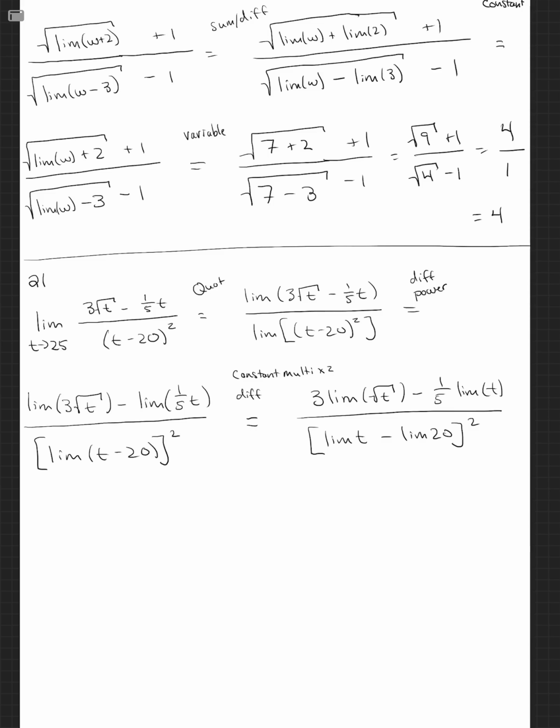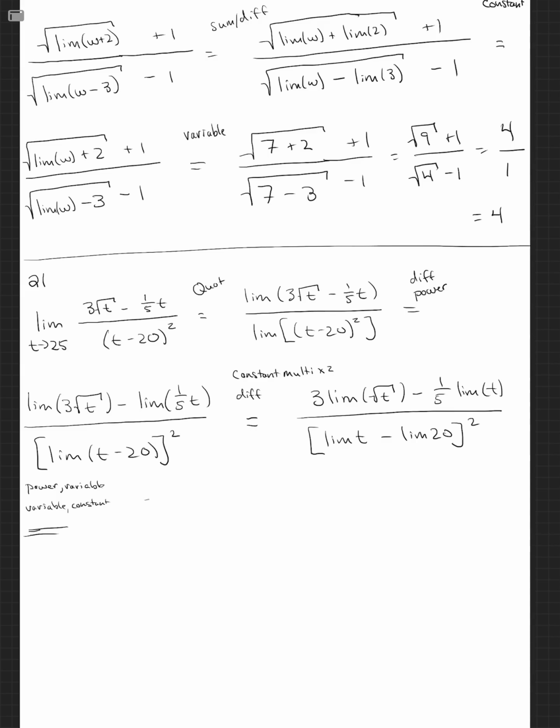So next, I'm going to use the power rule and the variable rule up top. And I'm going to use the variable rule and the constant rule on the bottom.